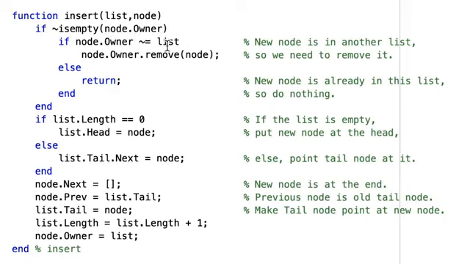node.owner.remove(node). This is the first time we've seen the dot operator show up twice in one statement in object-oriented programming. As we learned in our introductory course, MATLAB always uses left-to-right associativity, which means simply that the left dot operator operates before the right one does. So node.owner is evaluated first, and the result is some other dlist.